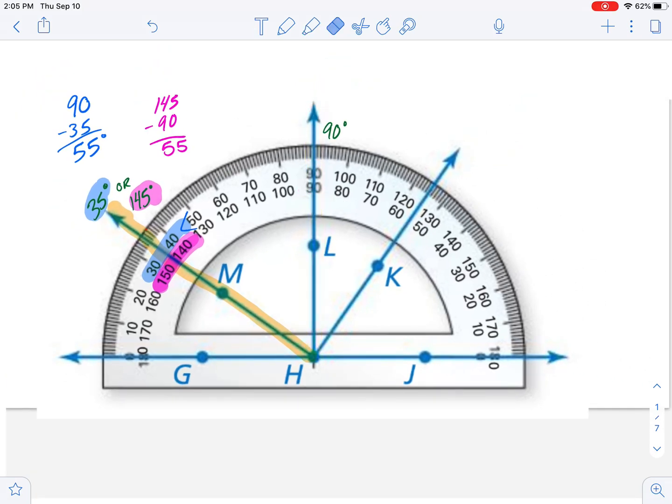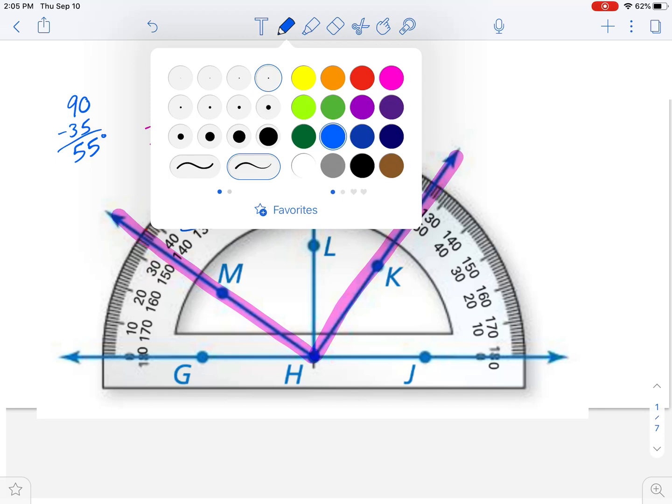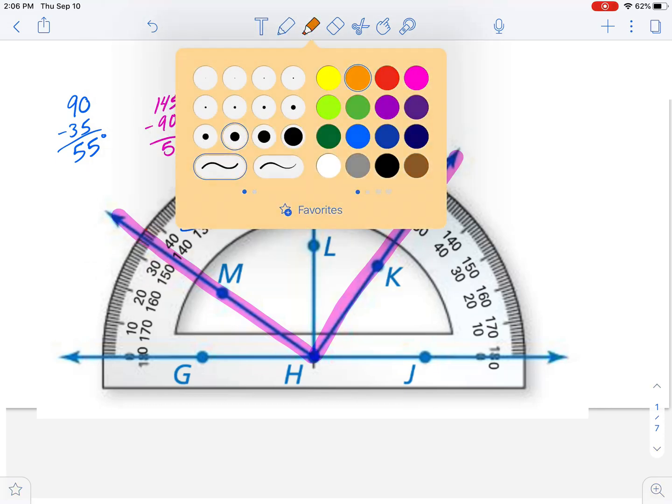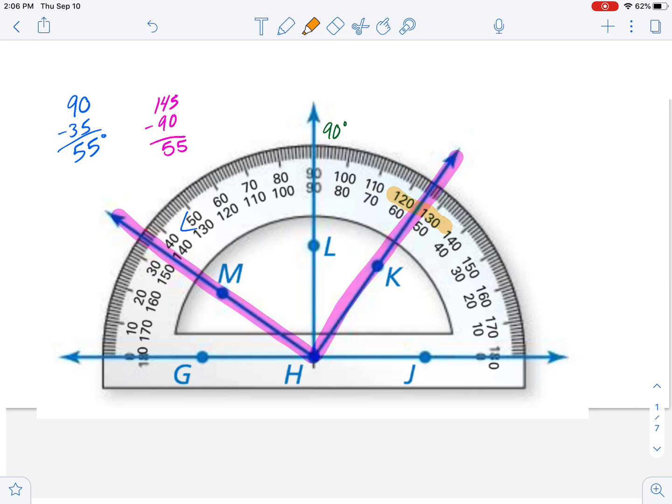Let's try one more. So I'm going to do angle MHK, and I'm just going to look at the top numbers here. This is halfway between 120 and 130, so that's 125.